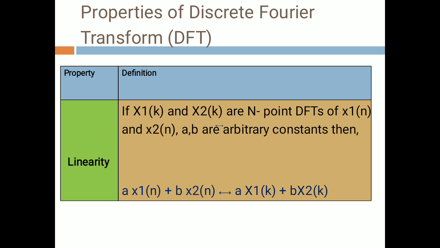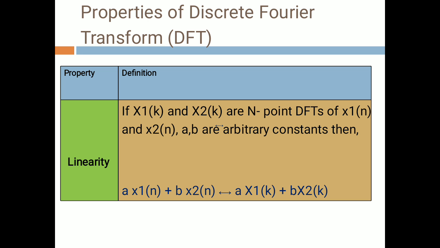The next property is the linearity property. If X1(k) and X2(k) are the N-point DFTs of x1(n) and x2(n), and a and b are arbitrary constants, then the linearity property says that a x1(n) + b x2(n), after applying the DFT, gives a X1(k) + b X2(k).